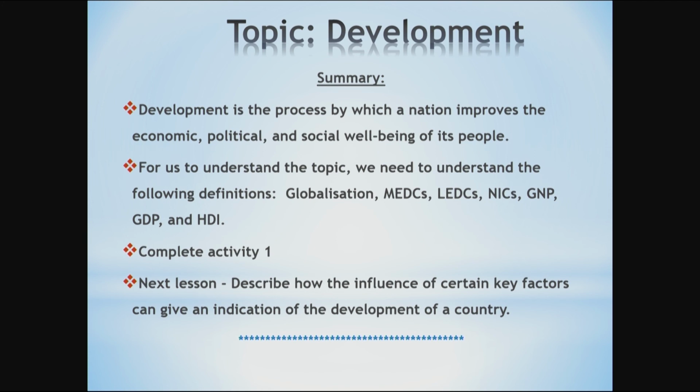To understand the topic, we need to understand the following definitions: globalization, MEDCs, LEDCs, NIC, GNP, GDP, and HDI. Next lesson, first we are going to go over the activity 1 that we did today, and we are going to describe the influence of certain key factors that can give an indication on the development of a country. So that is next lesson.